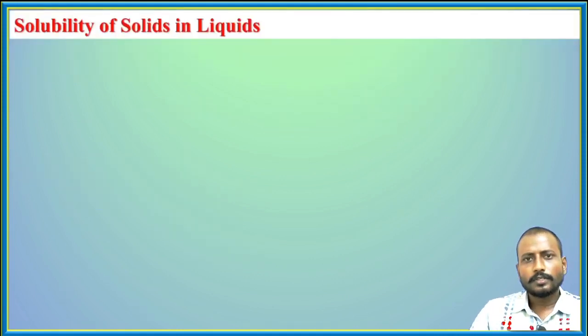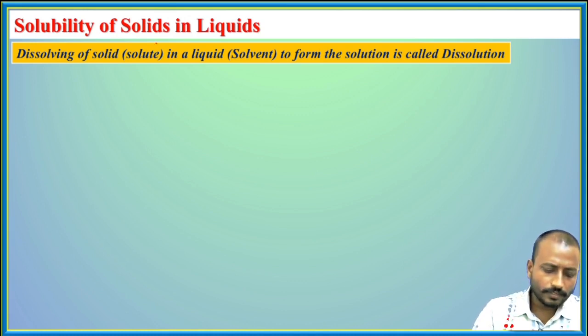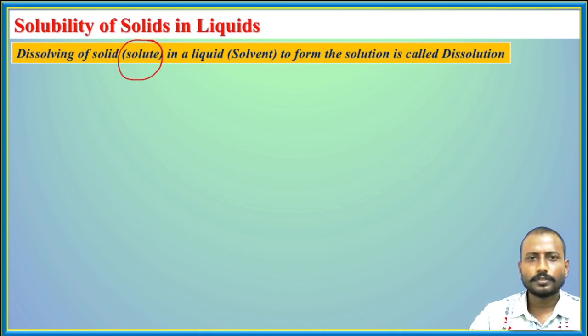In solubility, first of all, we are going to discuss the solubility of solids in liquids. Whichever substance you are dissolving is called the solute. The substance in which you are dissolving is a liquid.